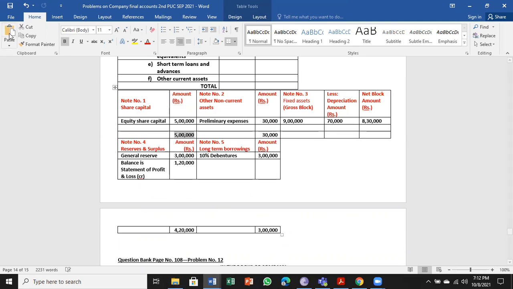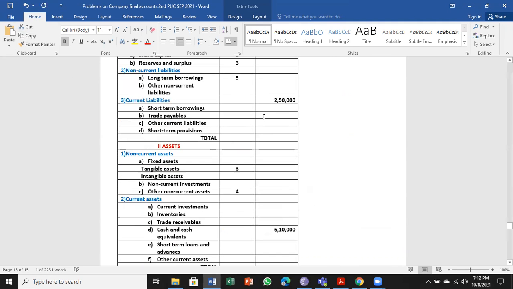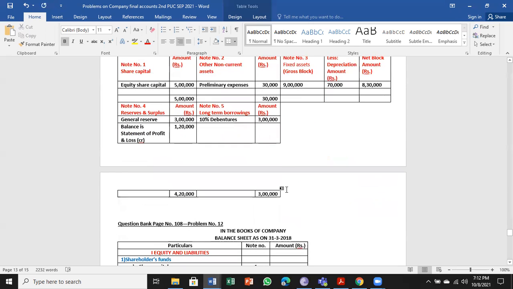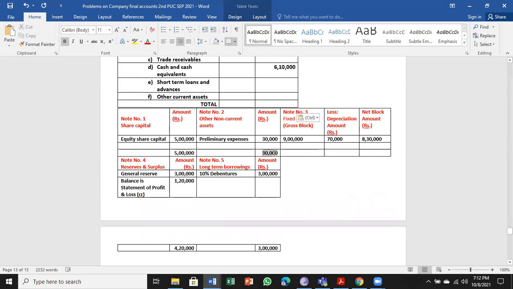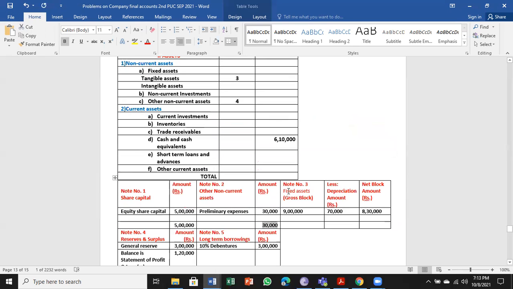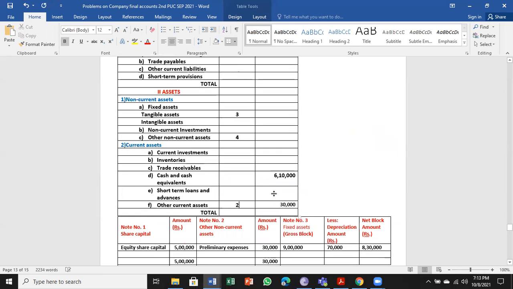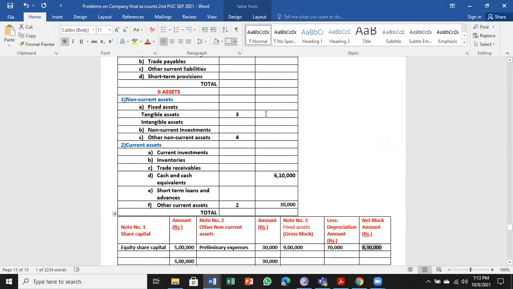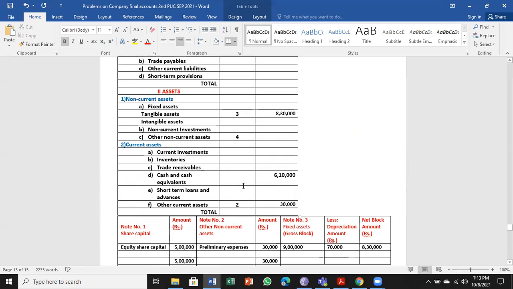So 5 lakhs equity capital, I will transfer to the balance sheet from note number 1. Note number 2 is other non-current assets. Then 8,30,000 is the tangible assets, note number 3.